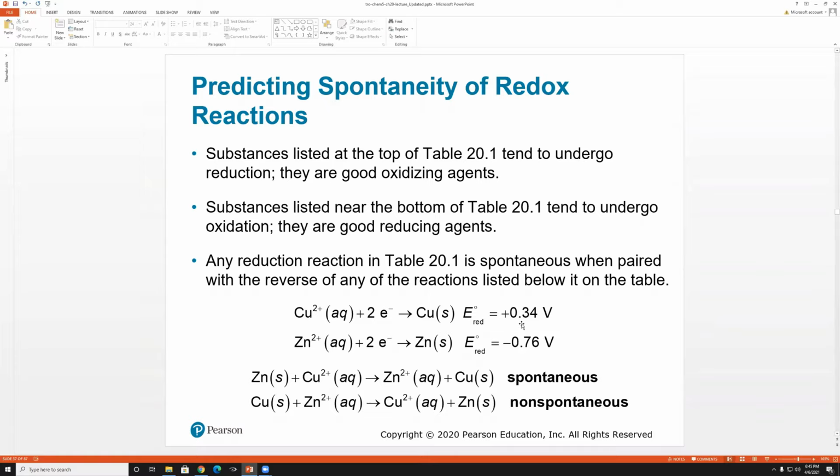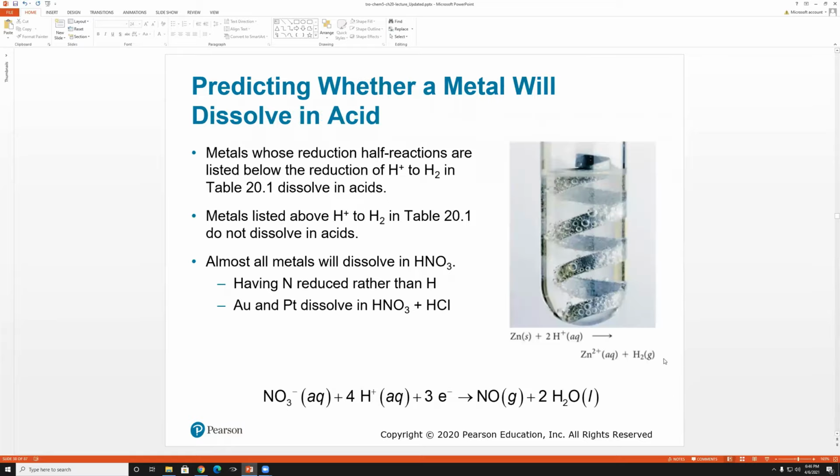That is a spontaneous reaction. If we flip it and go the other way, it's not spontaneous. So you can see that here. And if we flip it and go the other way, we need energy for it to happen. That's called an electrolytic cell, which we'll see later.